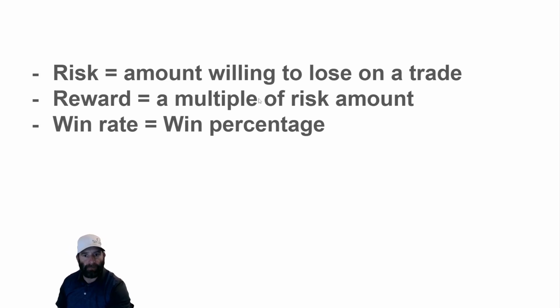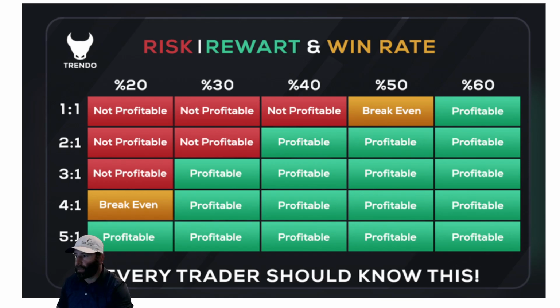And this is all very easily explained on this chart right here. You can see on the vertical plane here, we've got our risk versus reward rates. So for example, we've got 1-to-1 here. If you're risking $100, you're targeting a $100 profit.